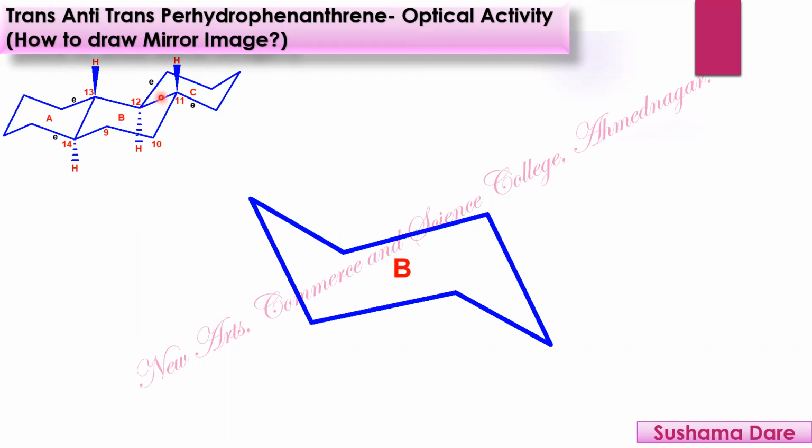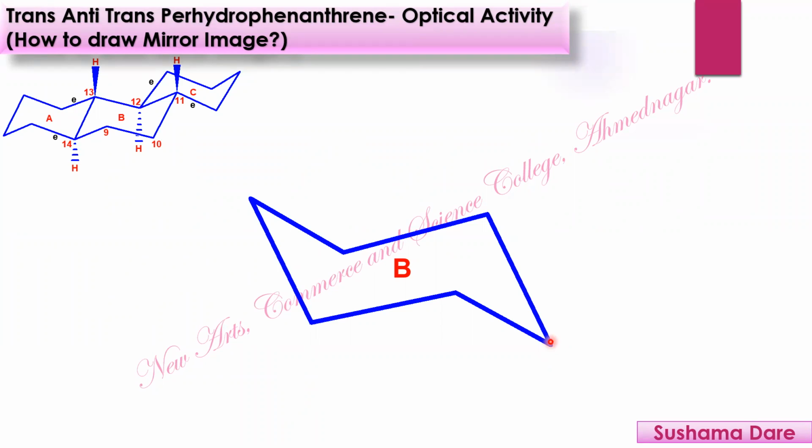What you have to do? You flip the ring B, the number 11 in the downward direction, number 14 in the top direction. But the numbering, remember, we are not flipping it, so once it goes down, it should not be a number 11 carbon, as we are drawing the mirror image. So this carbon has to be 14.